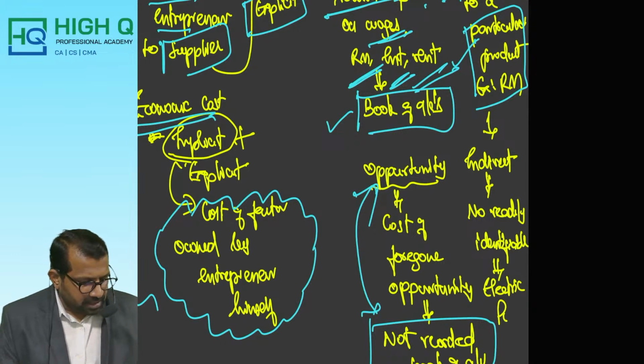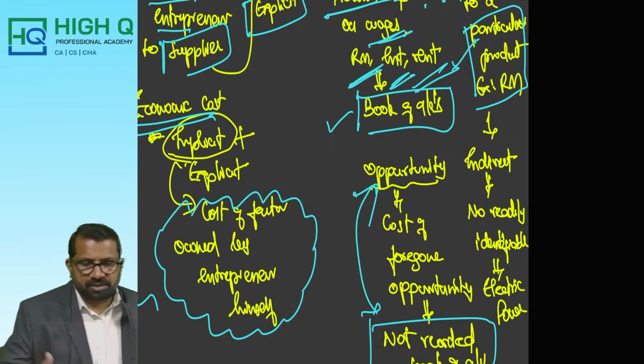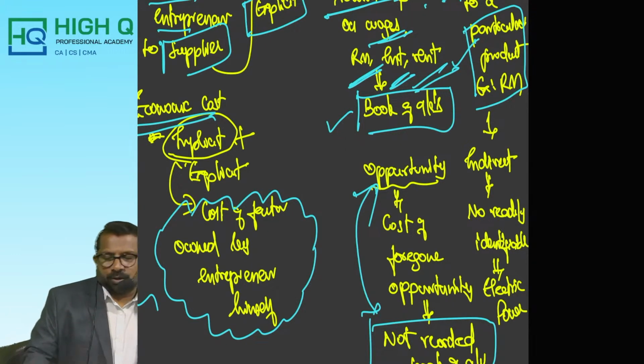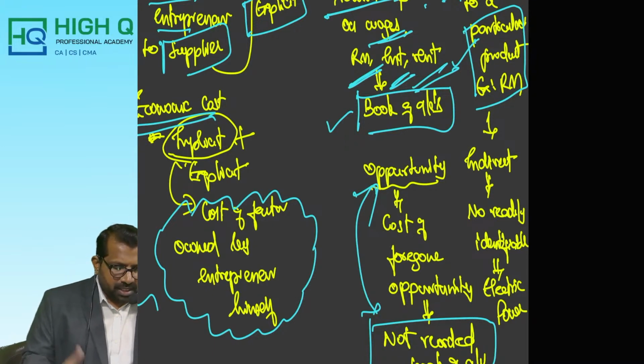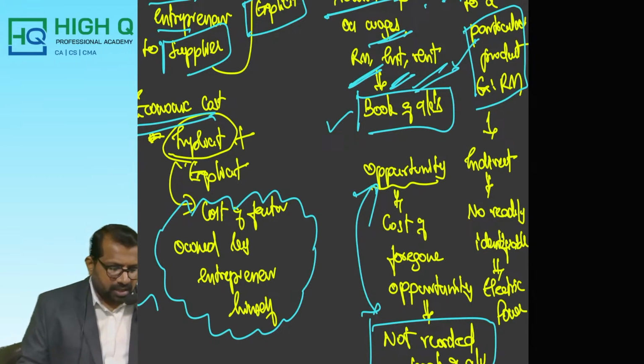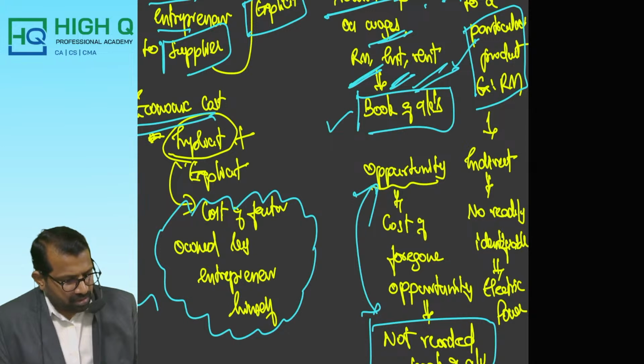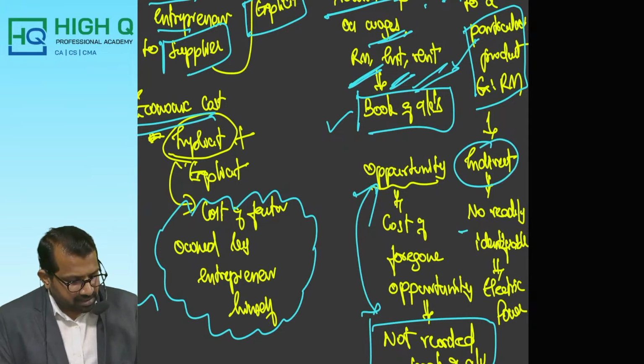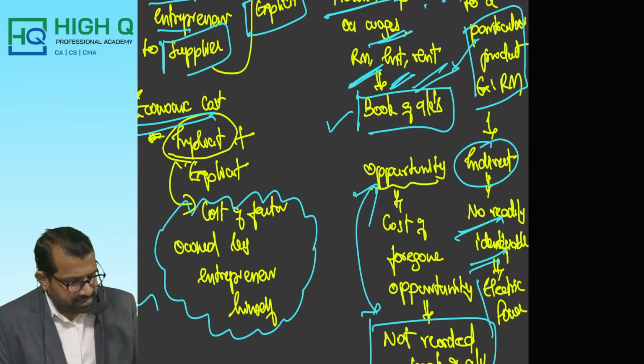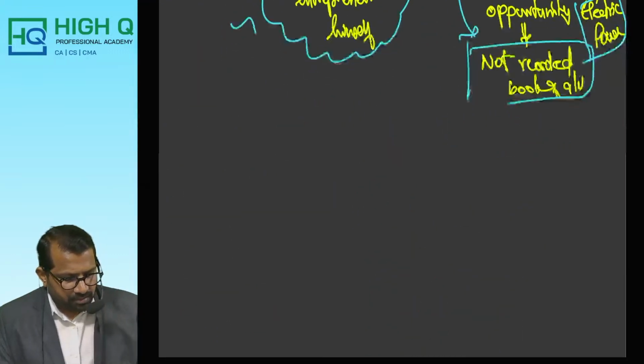Electricity or power depends on the usage, where you have to make the payment. So that's why it cannot be identified or traced. Therefore it is called indirect cost, not readily available. Example, electric or power.